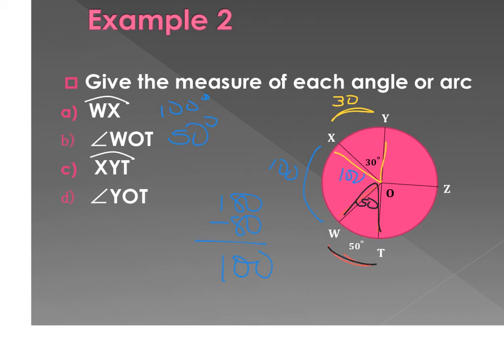So if I start here, X to Y to T, I have the 30 plus the 180, giving me a total arc measure of 210 degrees. And then last, it's asking to find the measure of YOT. So Y, O, and T, again here, is going to be the semicircle. So it's 180 degrees. It's a straight line. Yes. All right, any questions on this slide?